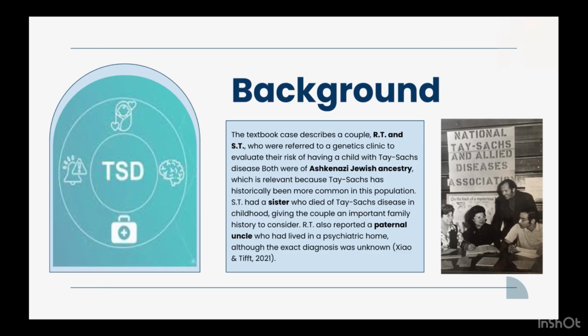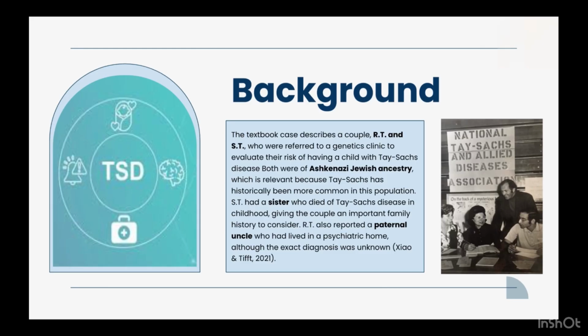Both of them are of Ashkenazi Jewish ancestry, which is really important because this ancestry is known to have very high Tay Sachs disease in their population. It's actually a 1 in 30 carrier frequency versus the normal 1 in 250 for the general population.